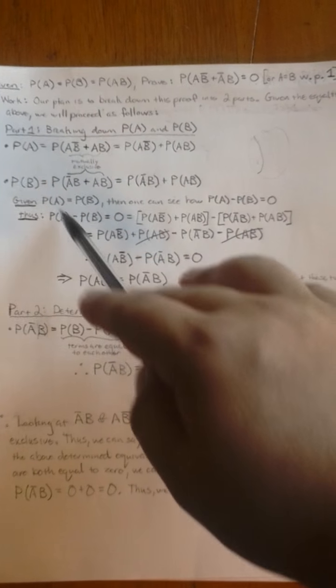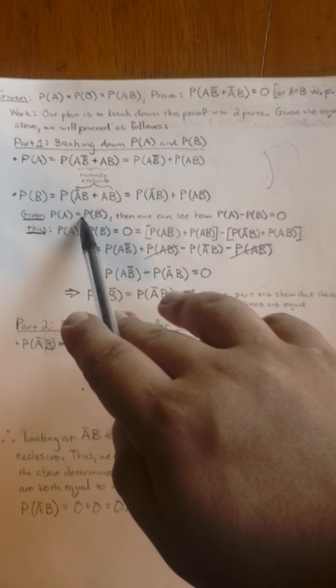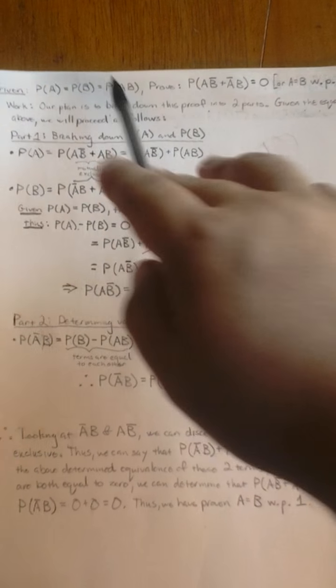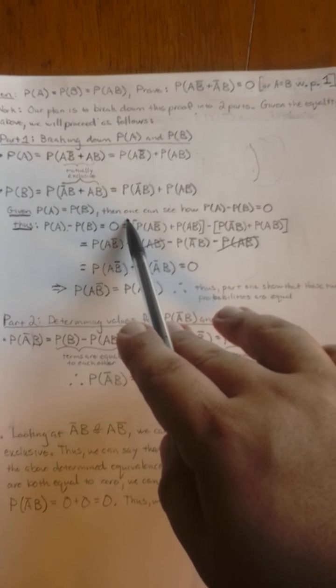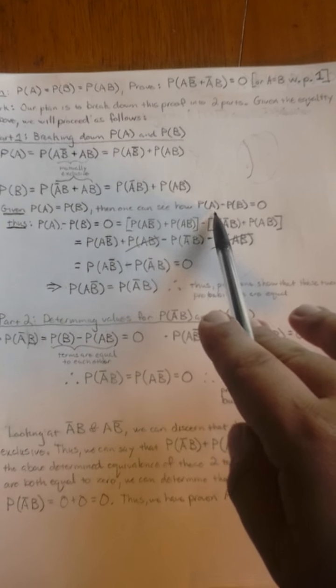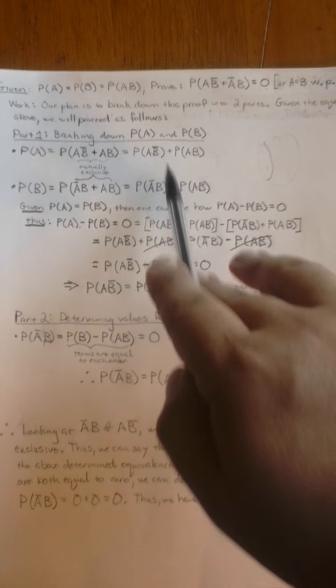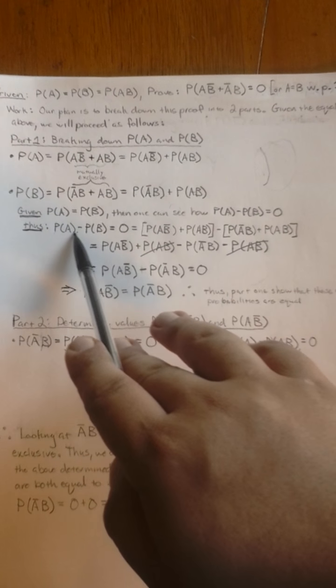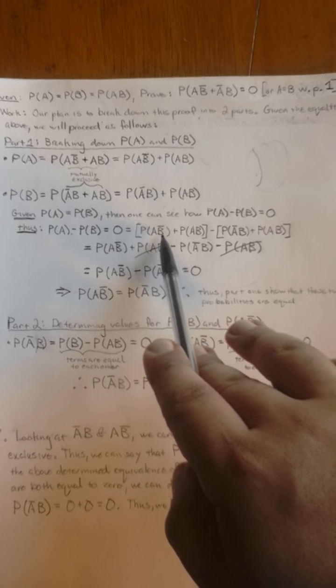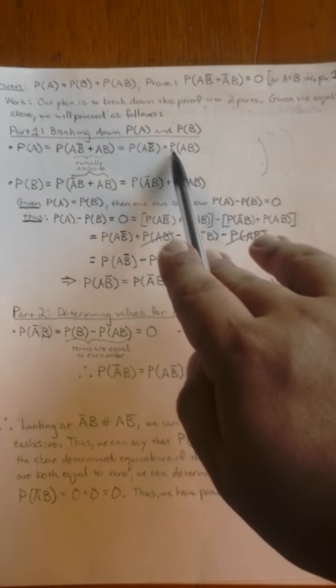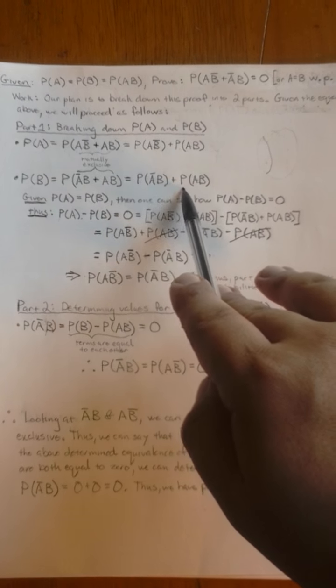Now, once we get these right here, using our given that A is equal to B, we can determine that, of course, like this minus that, because our equivalent is going to be equal to 0. So then we can substitute in these terms right here, which we show here. Okay, we substitute that term here and this term here.